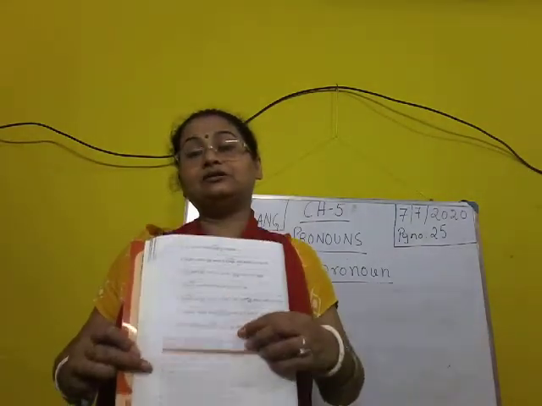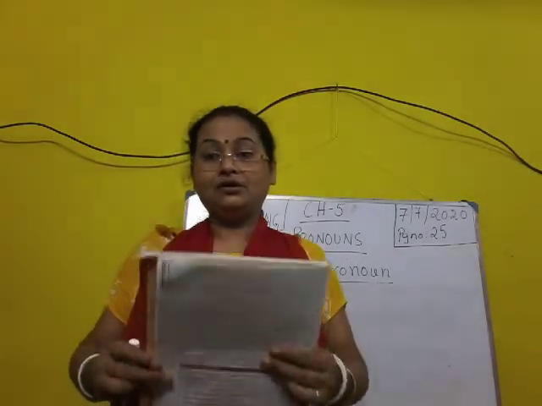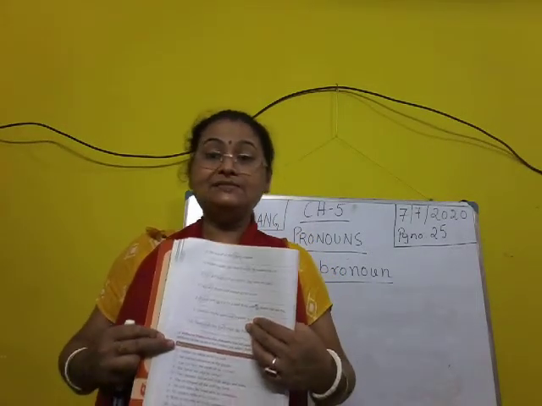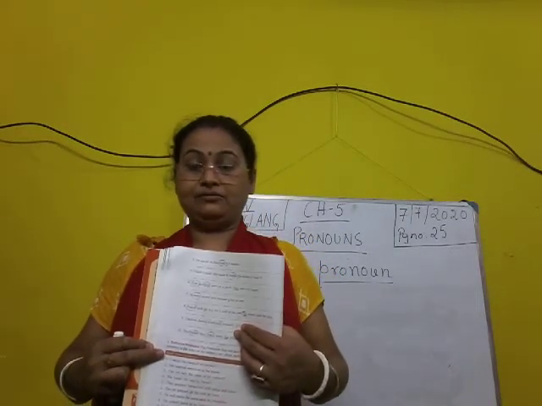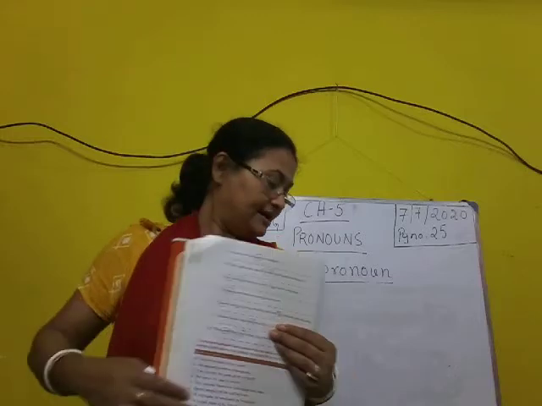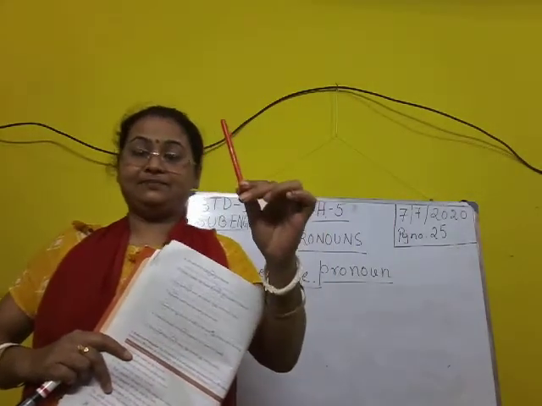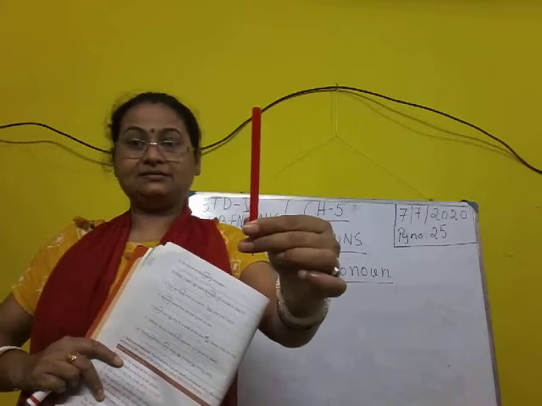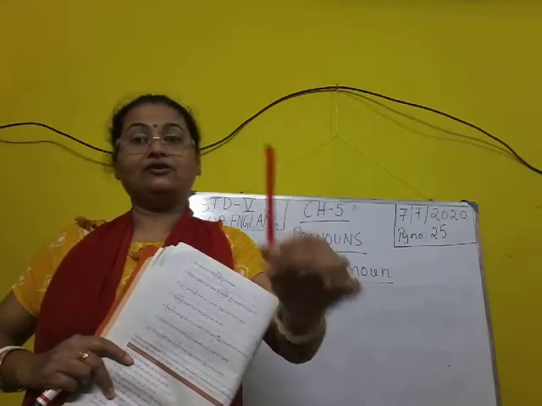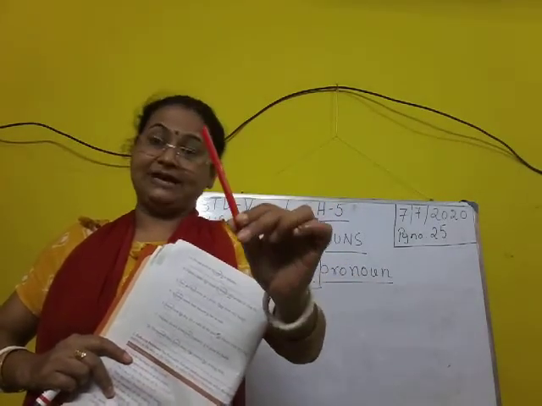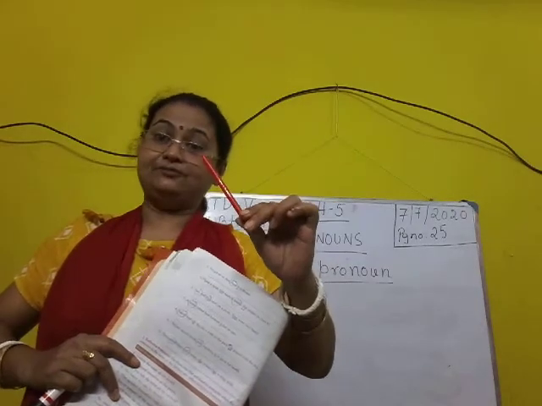This book belongs to me. Okay, this book is mine. So mine is a possessive pronoun. Okay, suppose if I say this red pen is hers, means she is the owner of this red pen. So she owns this pen. So this is what a possessive pronoun is.